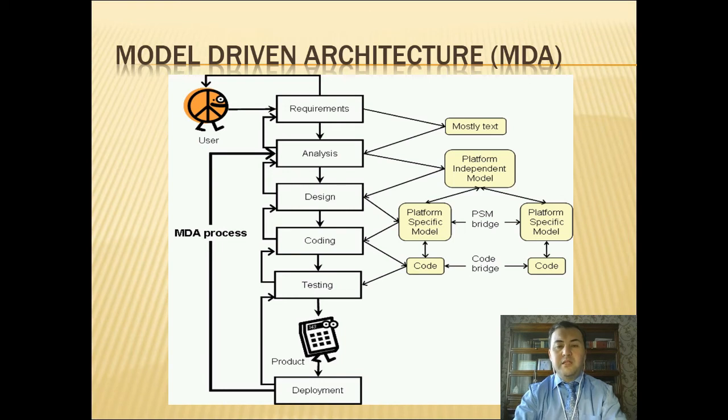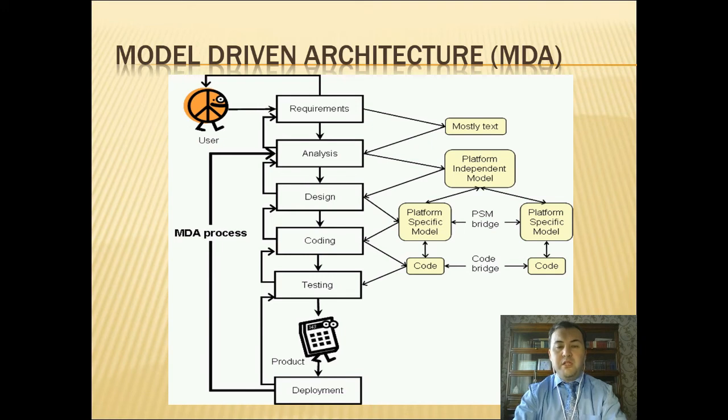It typically contains EJB-specific terms like home interface, entity bean, session bean, and so on. A relational database PSM includes terms like table, column, foreign key, and so on. It is clear that a PSM will only make sense to a developer who has knowledge about the specific platform.